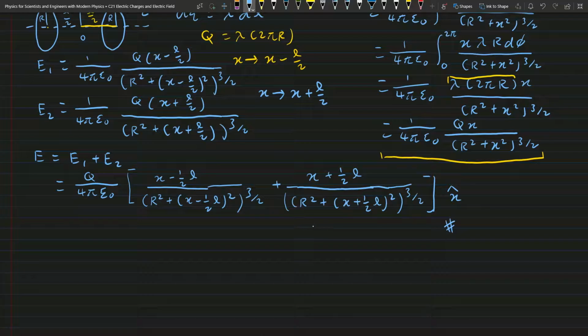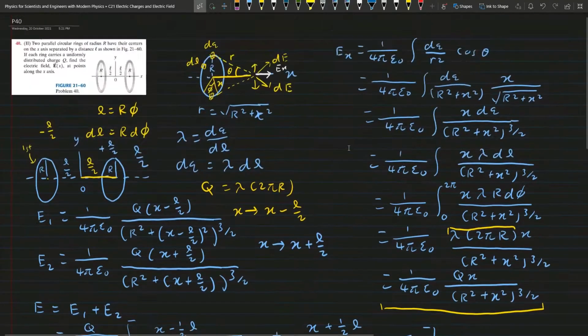Now we can verify whether this is the answer or not. One of the classical things we can do is try to find the electric field at this point. Remember, we already discussed that the electric field is only in the x direction. They both have a charge Q, right?